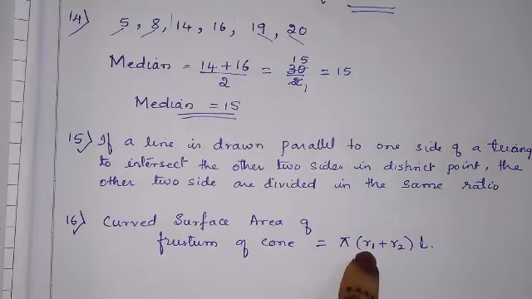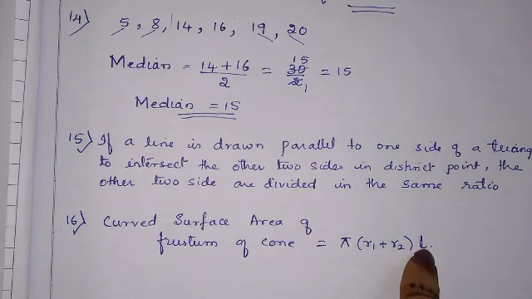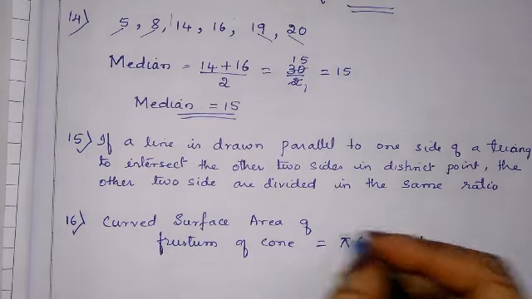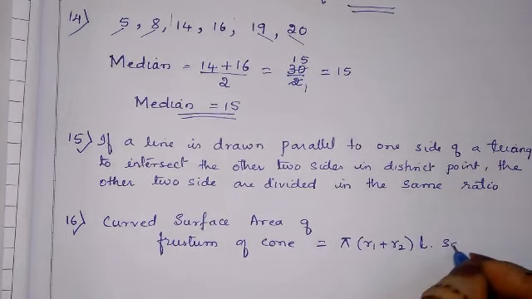So pi (R1 plus R2) into L. Surface area, so square unit.